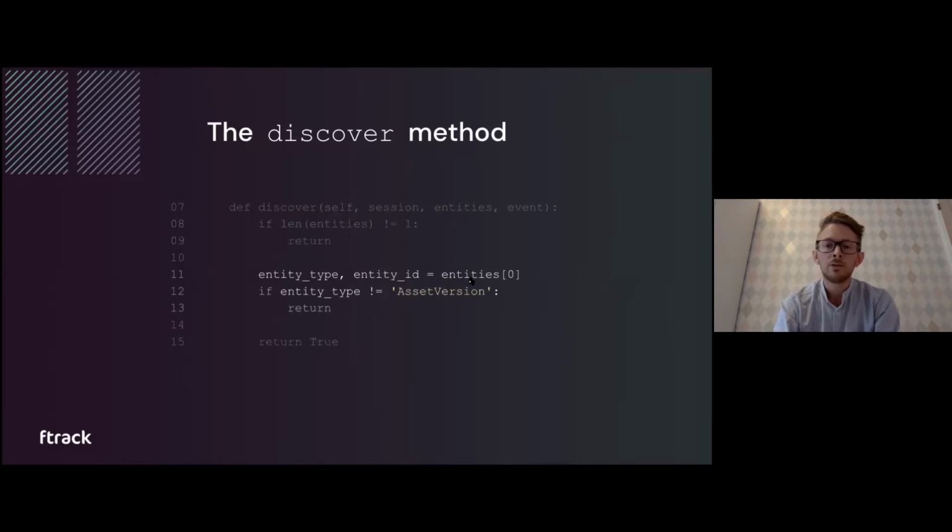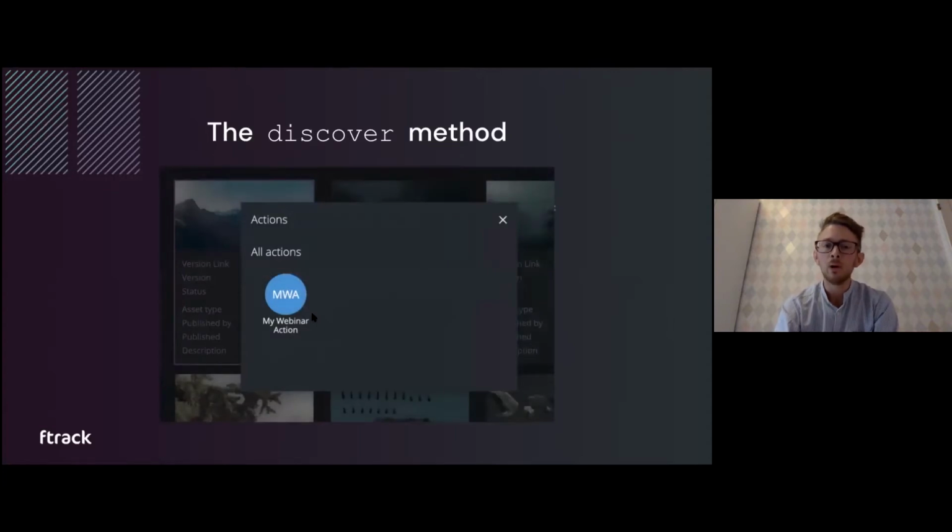So now we're checking what it is that was selected, and if the type is not an ACID version, then it will also return. So this code means that it will only show up for one single version in the web interface, and this is what this screenshot shows.